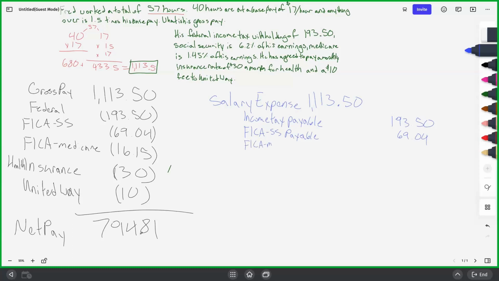The silly thing is, that's genuinely what it is for this. Everything down here is a payable. So you put health insurance too: health insurance payable. Everything just turns into its own account because this is all going to different entities.